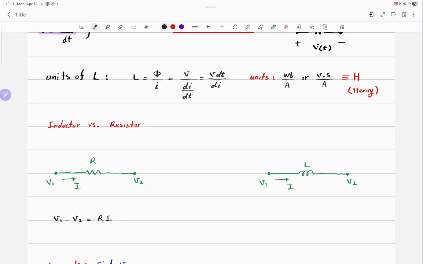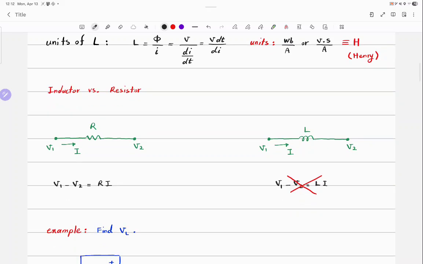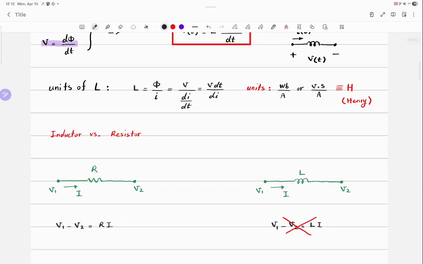What is that called? Ohm's law. Now, can I write this for an inductor, similar to this? Absolutely not. You're calling it Ohm's law. What does Ohm mean? Resistor. Is that a resistor? No. So what's the equation relating V1, V2, L, and I?